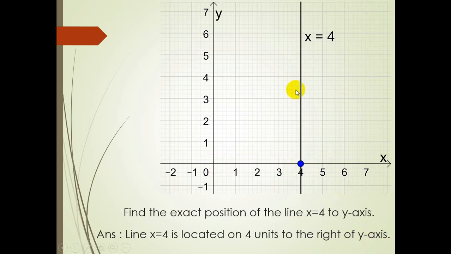If you want to try from another point, for example this point, so 1, 2, 3, 4. Remember, if you want to find the distance from one line to another line, we have to follow the rule strictly. The rule is, if we want to measure the distance between two lines, the distance must be the perpendicular distance. Okay, that's the key.